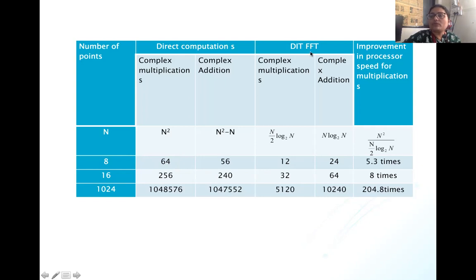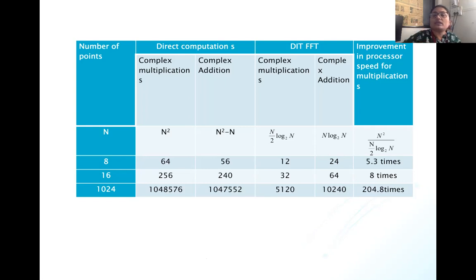Therefore the DIT FFT algorithm is so popular because it has drastically reduced the number of computations, in the sense of the number of complex multiplications and complex additions. In case of 16-point DFT, it has been reduced by 8 times. And for 1024-point DFT, it is a big achievement, reduced by 204.8, roughly 205 times.